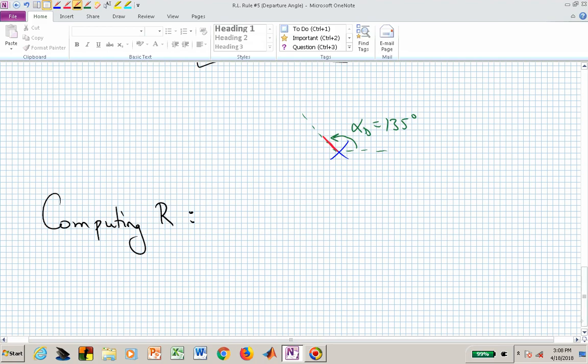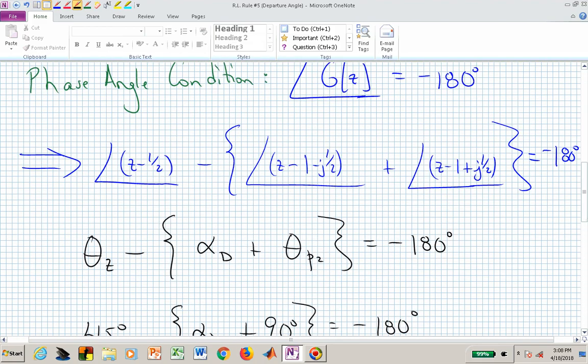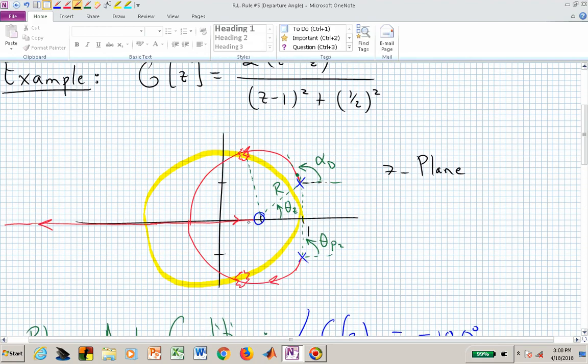In our case, if we said this particular distance is z, and this is at, let's say, p sub 1, then z plus this vector r at a given angle, which is theta sub z, gives rise to being on top of that pole p1.